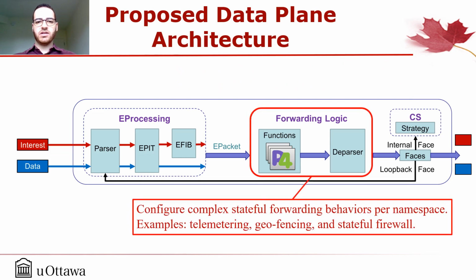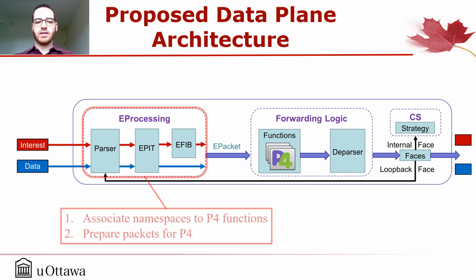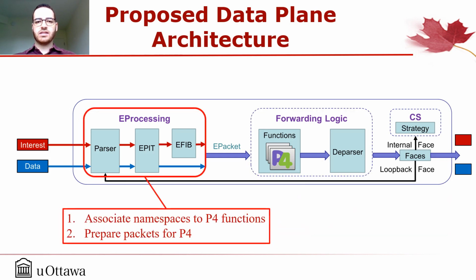The forwarding logic module contains several P4 functions that implement complex stateful forwarding behaviors per namespace, like for example, telemetering, geofencing, and stateful firewall. Hence, another goal of the EProcessing module is to associate namespaces to P4 functions, as well as prepare packets for P4.